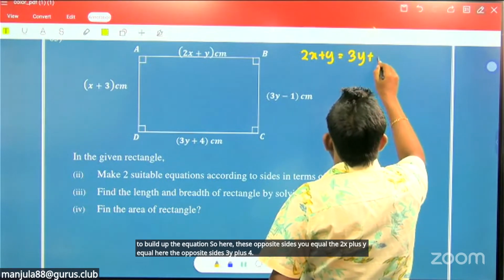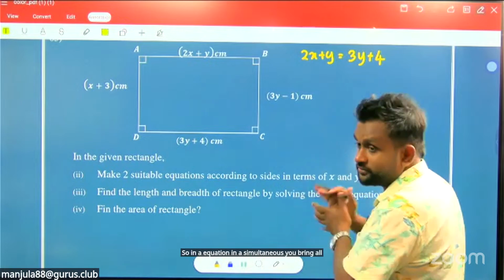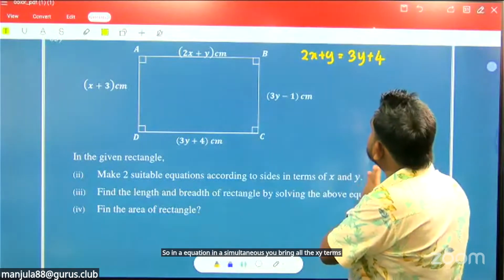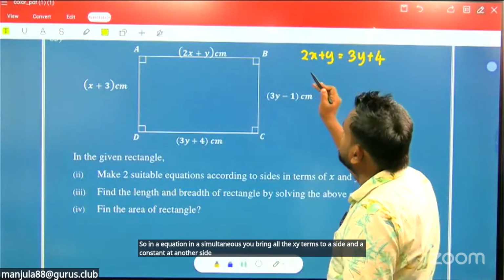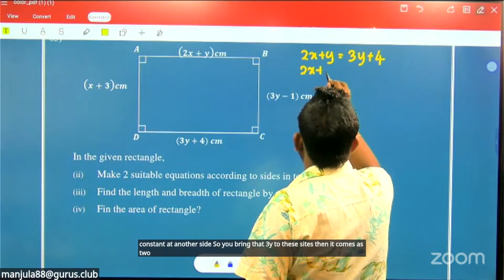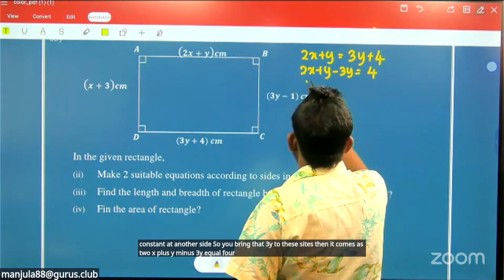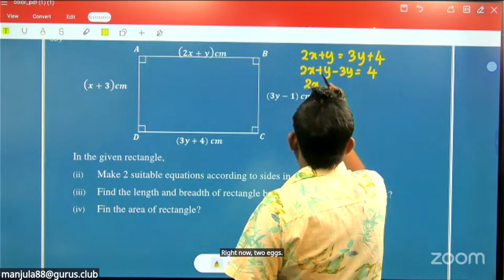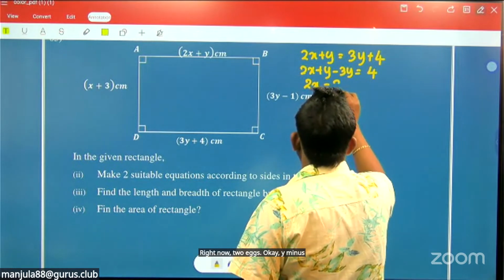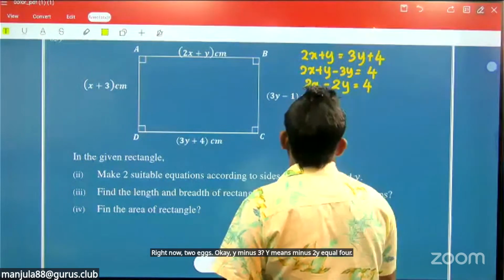So in simultaneous equations, you bring all the x and y terms to one side and the constant to the other side. So you bring that 3y to this side, then it comes as 2x plus y minus 3y equals 4. Now 2x. Okay, y minus 3y means minus 2y equals 4.